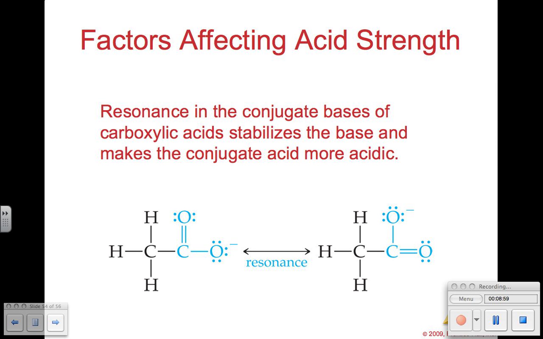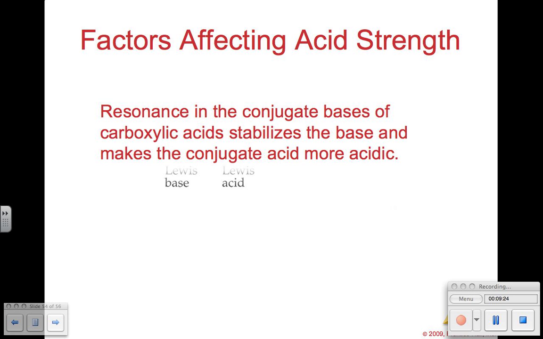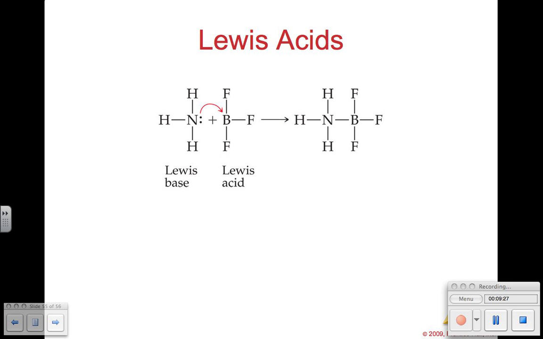When it acts as an acid, it loses a hydrogen off of that O. But once that hydrogen is gone, you can actually have two different resonance structures. That double bond could be on either one of the oxygens. And when that occurs, it makes a conjugate base that's more stable because of that resonance stability, so the acid is more acidic.